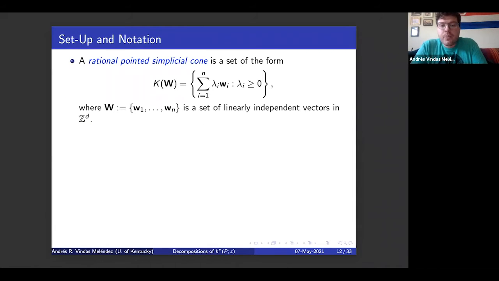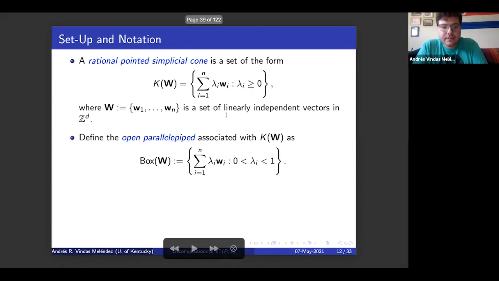A rational pointed simplicial cone is a set of this form, where this bold W is a set of linearly independent vectors in Z to the d. I'm going to define the open parallelepiped associated to my rational pointed simplicial cone to be this box of W, which is of this form.